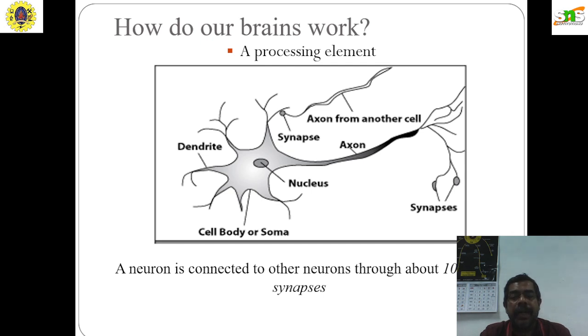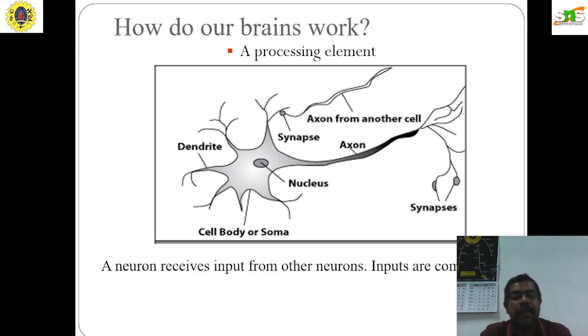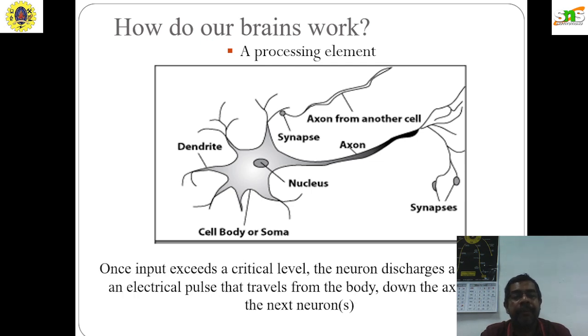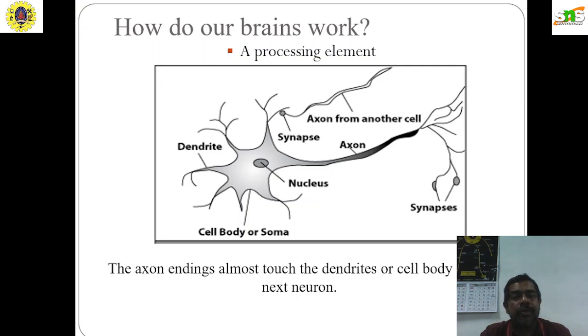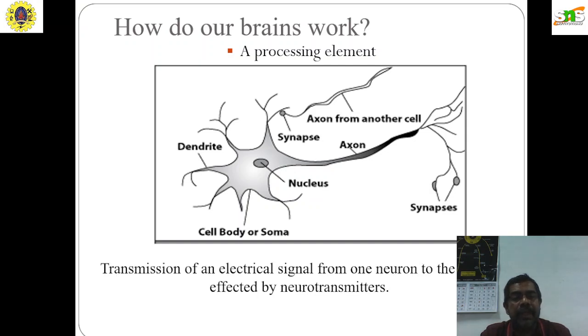A neuron is connected to other neurons through about 10,000 synapses, and it receives input from those other neurons. The inputs are combined. Once the input exceeds a critical level, the neuron discharges a spike, an electrical pulse that travels from the body down the axon to the next neuron. The axon endings almost touch the dendrites or cell body of the next neuron.